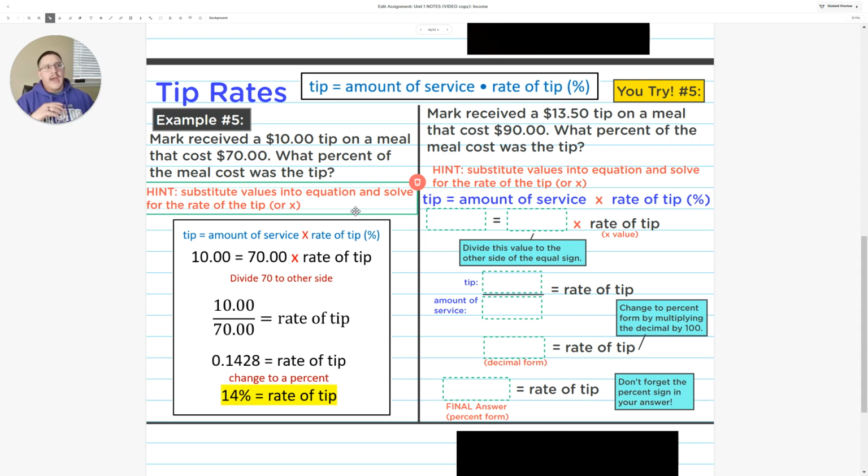Sometimes we don't really calculate anything, and so we just feel that a certain amount is the right amount to pay. So we want to know what the percentage of that tip was based on the information given. So for example, number 5, Mark received a $10 tip on a meal that cost $70. What percent of the meal cost was the tip?